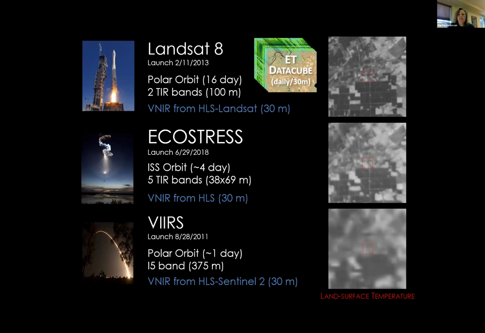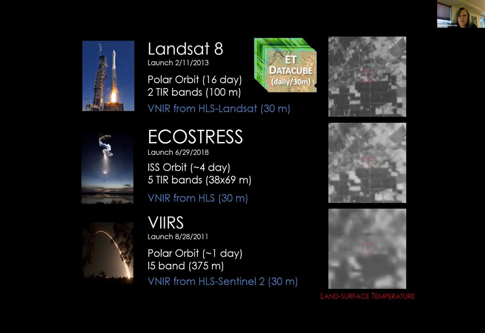So to date, Landsat has really been our gold standard for ET mapping at the field scale. It's collecting both the thermal and the visible near infrared data that we need to run the model, at the same time, on the same platform, under the same conditions, very well co-registered.